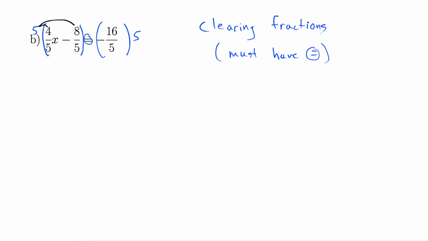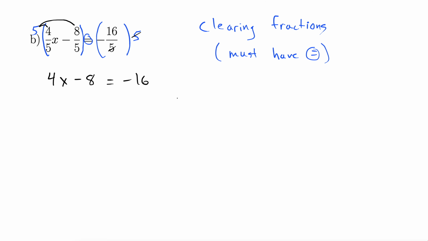And when I do that, it's going to cancel the 5 out of the denominator in each of these. So what that leaves us with is 4x minus 8. See what happened there? The 5 just canceled out. We multiplied this 5 through to each of these terms. The 5 in the denominator canceled out. Over here, the 5's canceled again, and we have negative 16.